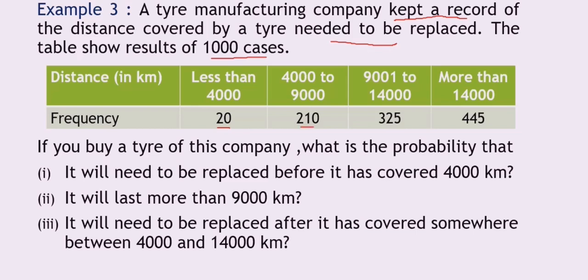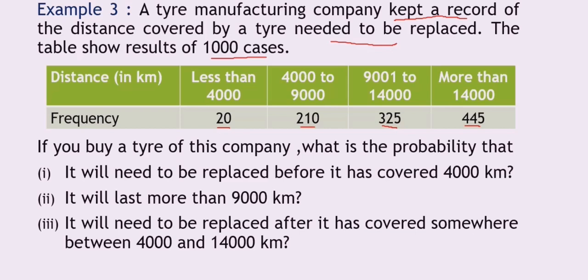In 210 cases, it was between 4000 to 9000 kilometers. In 325 cases, the tire had to be changed between 9001 to 14,000 kilometers, and in 445 cases, the tire was changed when the tire covered more than 14,000.